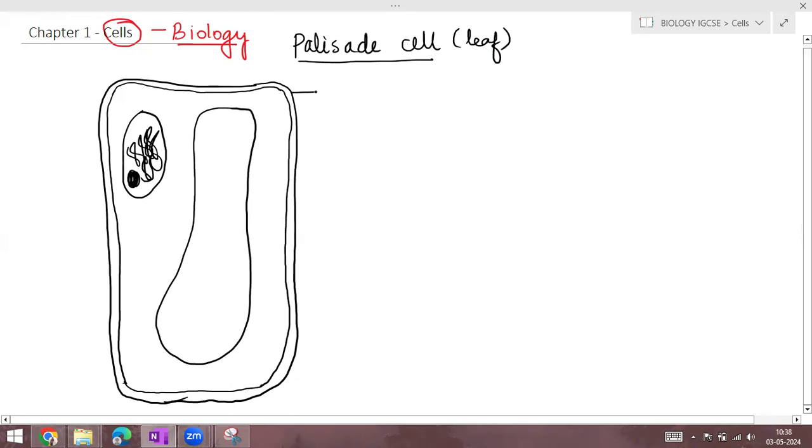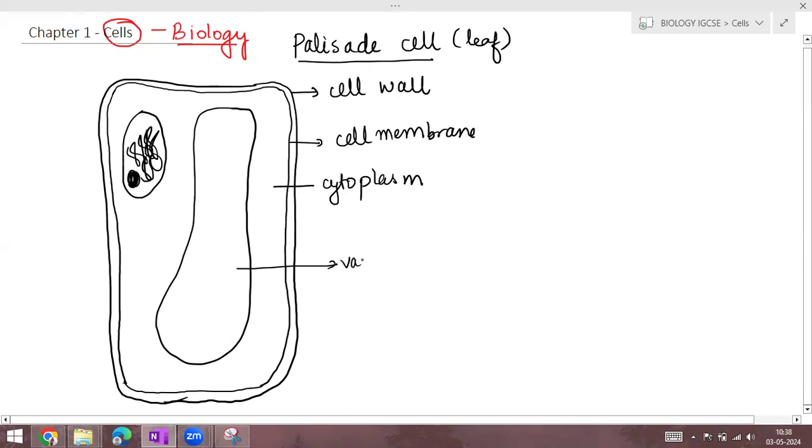Now, the outermost layer is known as the cell wall, followed by the inner one, which is known as the cell membrane. Here is the cytoplasm. And then the larger one is a vacuole. And then this one is a well-defined nucleus.